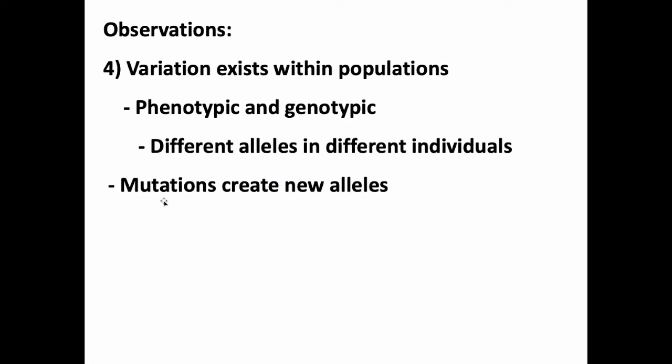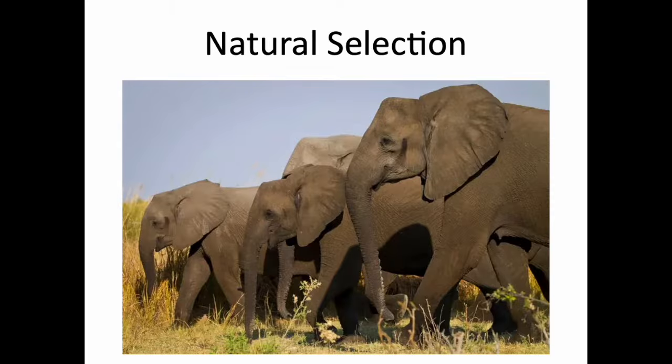We need mutations creating new alleles. We're relying on this sort of randomness of mutations, and then selective pressure, adaptation, natural selection, all these things, they're working with what they've got. So when there is a mutation, if it's good, it's selected for, it's going to become more common, but there's no guarantee that such a mutation will arise.